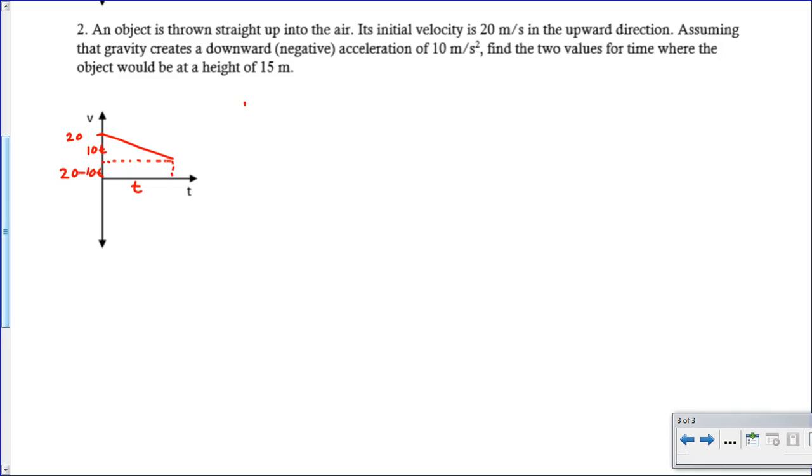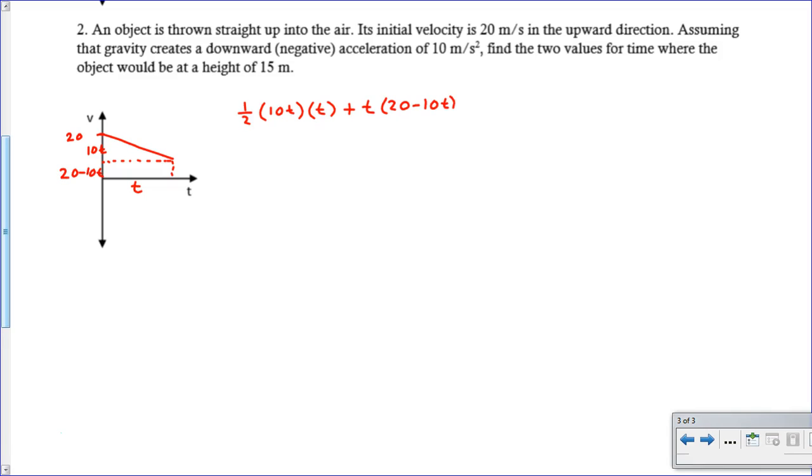I get 1/2, this is just for the triangle, times 10t times t, plus the rectangle. This is t times 20 minus 10t, the area of the rectangle.